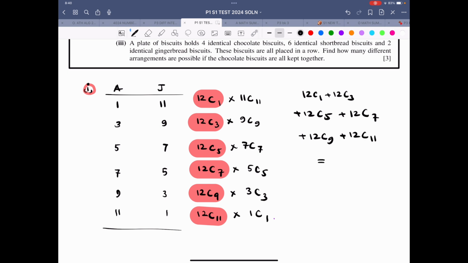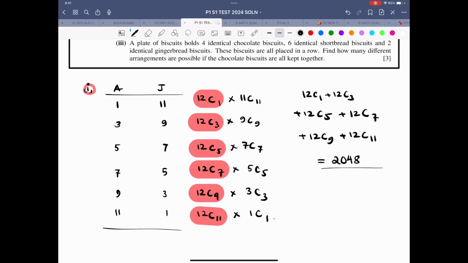So let me grab the calculator and just hold for a second, and let me evaluate this. And this answer is coming out to be 2048. So that is the answer for this particular part.